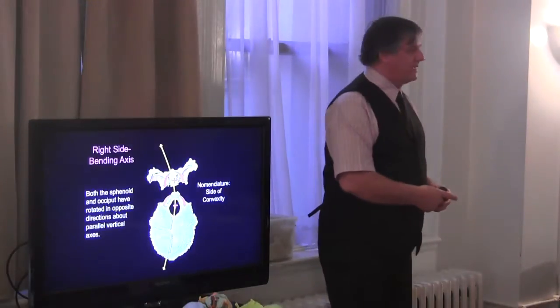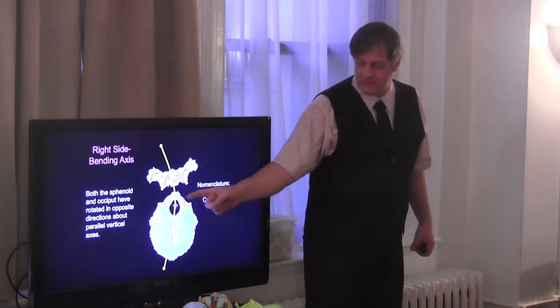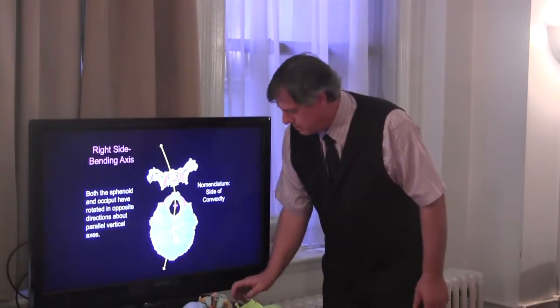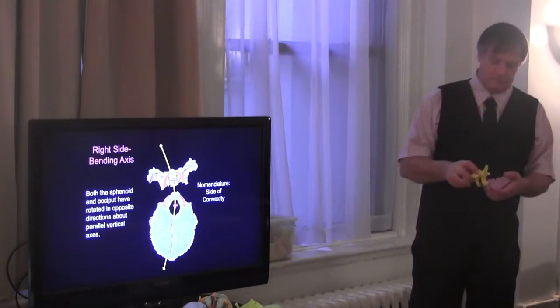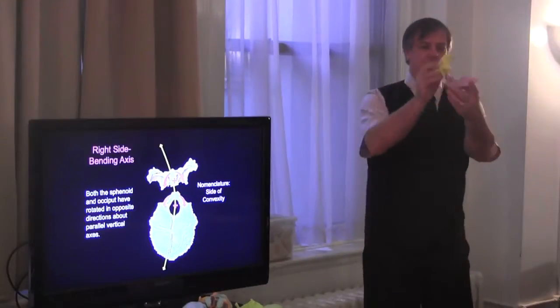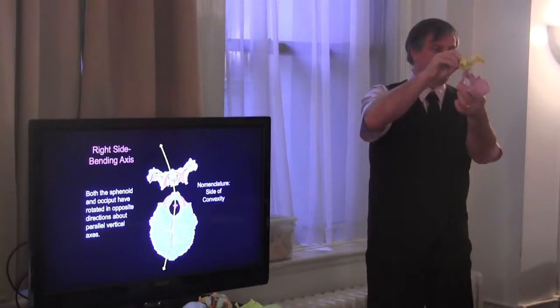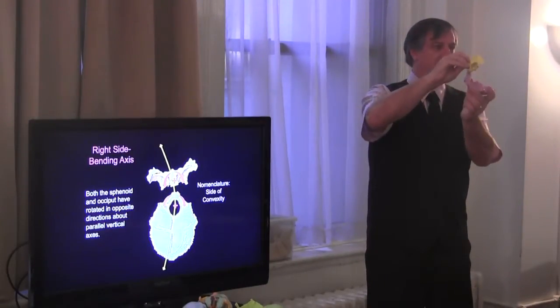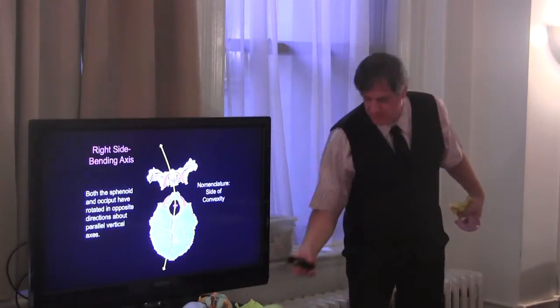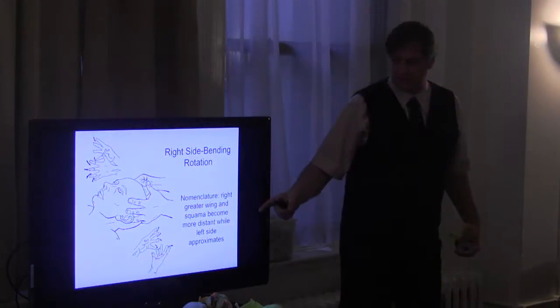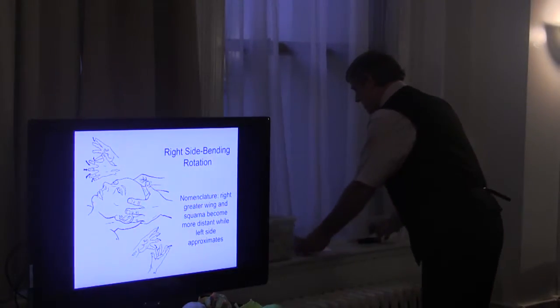So we describe right side bending this way. The side bending is that between these two bones, that this is side bending. So we're saying side bending, rotation, dysfunction. What should you palpate on your hands? This. So I'll just stand this way.